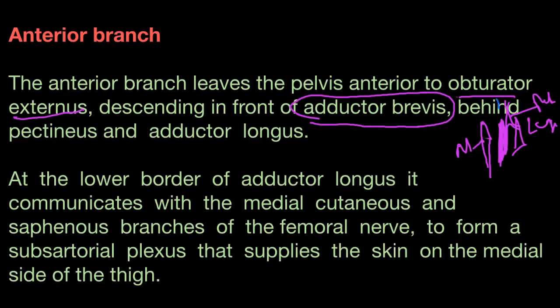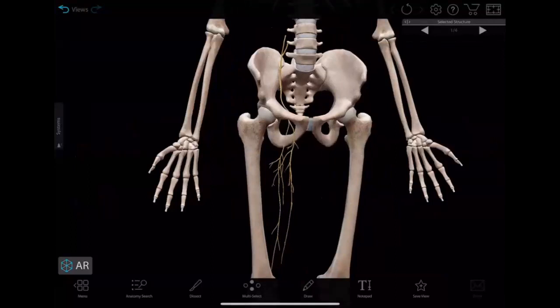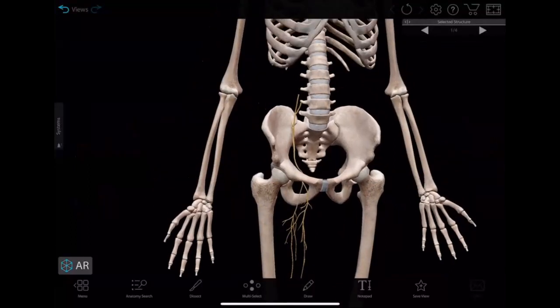So this one is the anterior branch and this one is the posterior branch of the obturator nerve. Descending in front of adductor brevis, behind pectineus and adductor longus. Okay, that one is the obturator nerve.